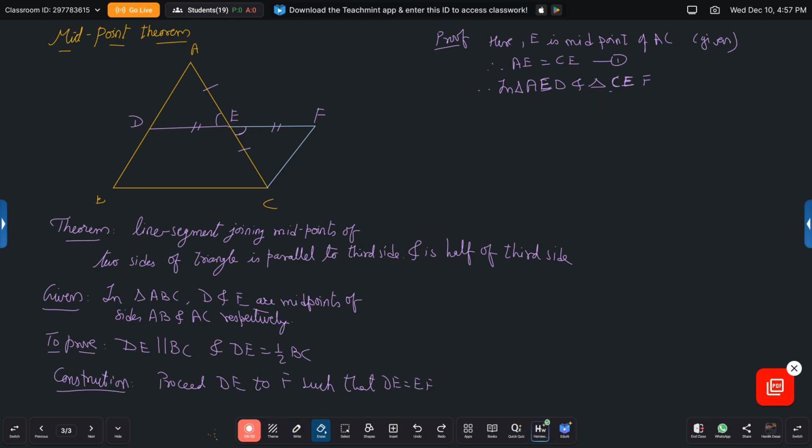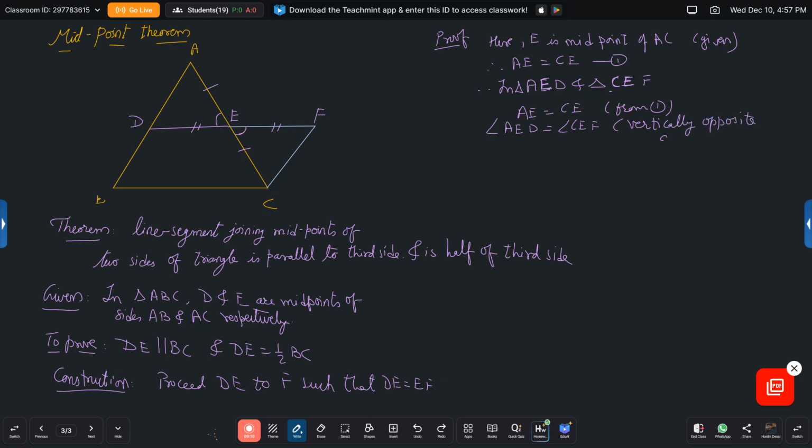So in triangle AED and triangle CEF, what do we have? One is AE equals CE from 1. Second is angle AED is equal to angle CEF. Reason: vertically opposite angles.